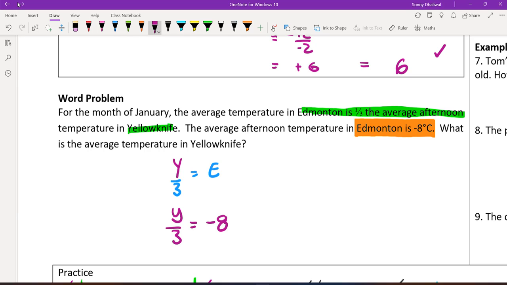The opposite of dividing is to multiply, so we multiply by 3. And whatever you do to one side, you do to the other. So the 3's cancel out. It's negative 24 degrees Celsius. Good job, Logan. Wait, it's negative? Yeah, because it's positive times negative, right?